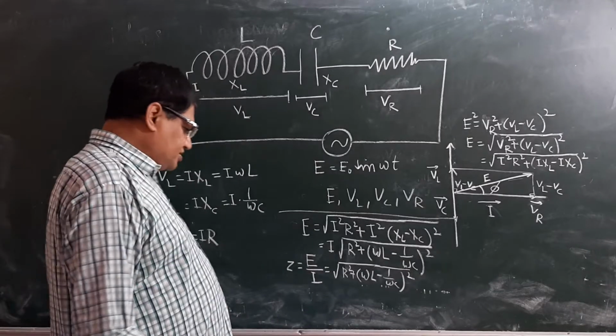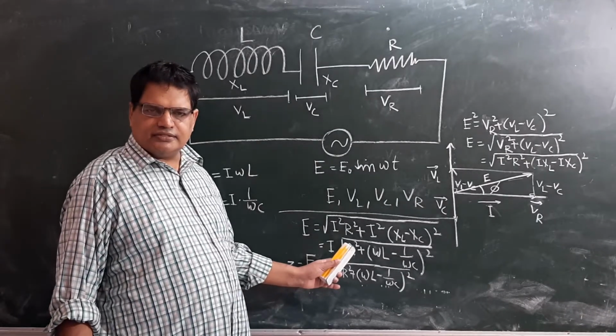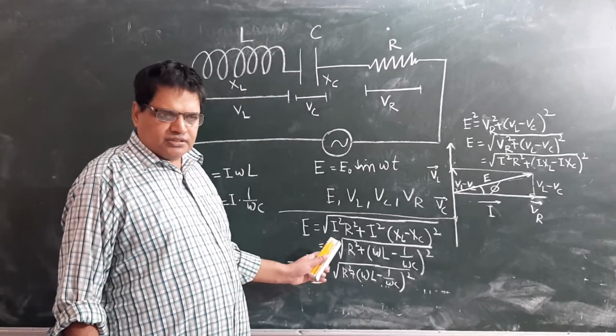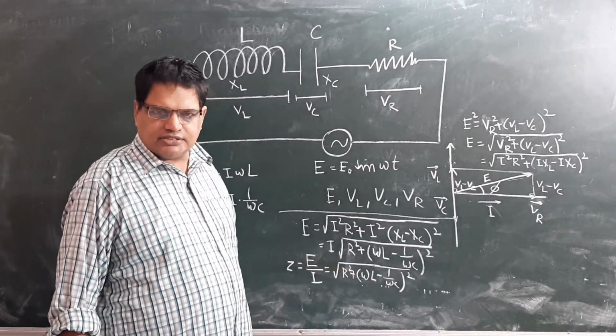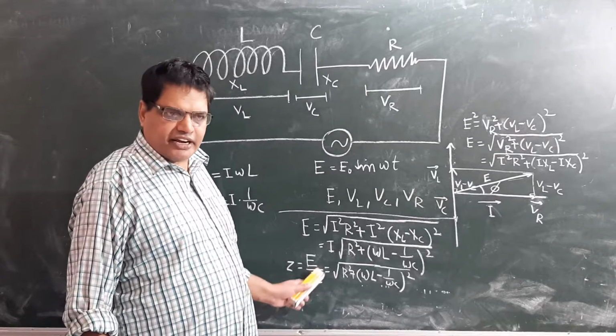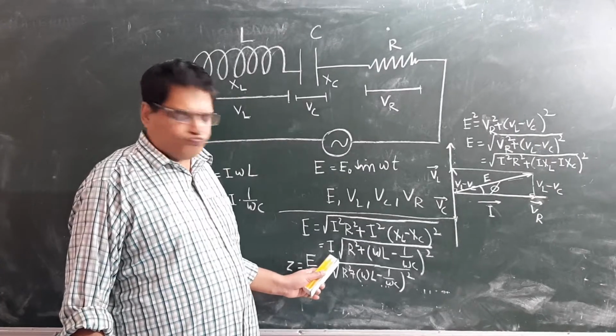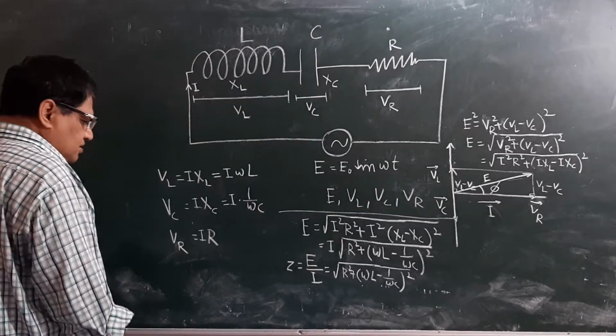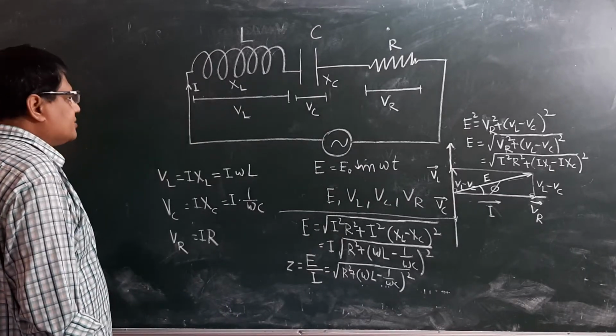So this is the expression for the impedance of the circuit. This is an expression that offers resistance to the flow of current, just like resistance, where we have the impedance. So this is the impedance of the LCR circuit.